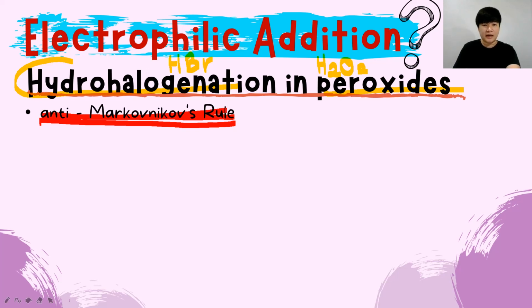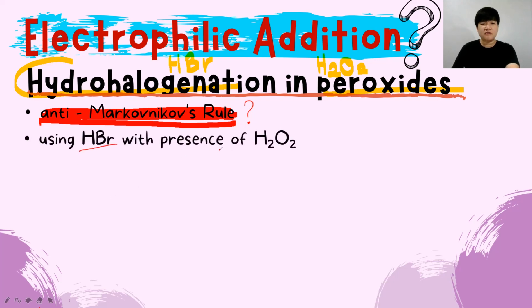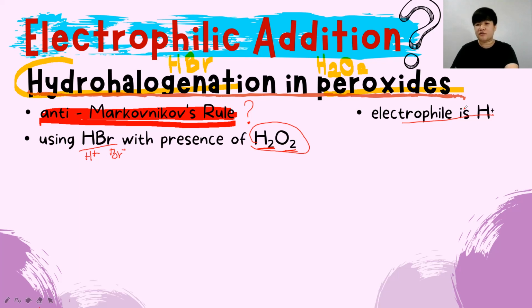So what is meant by anti-Markovnikov rules? We'll look at it later. We'll be using HBr in the presence of H2O2, that is your peroxide. In this case, your electrophile will be H+, because you have your HBr, so you'll be adding in your H+ and Br-. Therefore, your electrophile automatically is your H+.